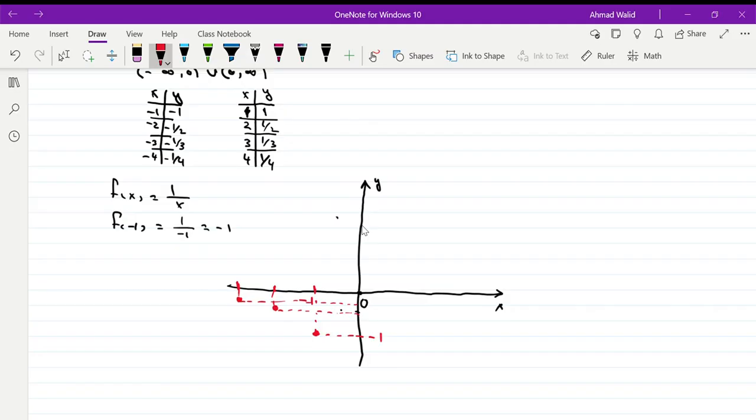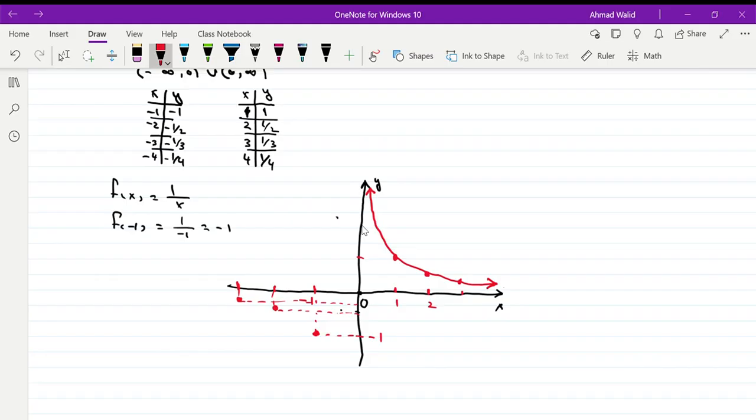In the same way, when x is 1, y is 1, which is this point. When x is 2, y is half. When x is 3, y is 1/3. What you see here, the graph on the domain from 0 to infinity, will get this shape. Your graph comes closer to the x-axis, but never intercepts the x-axis.